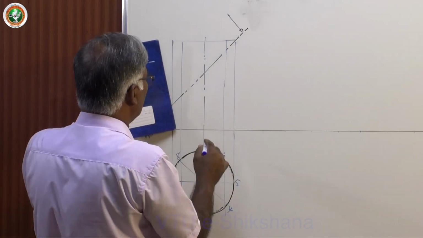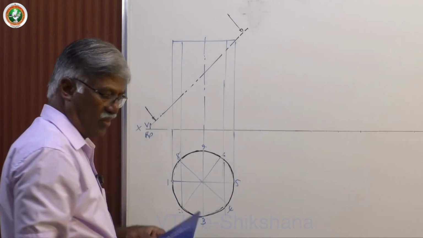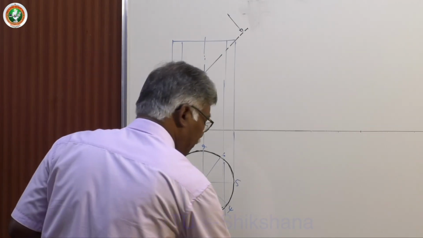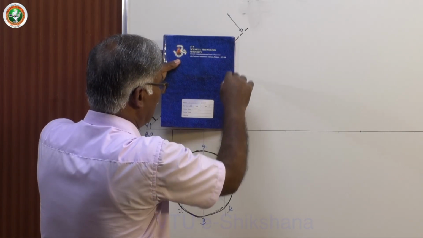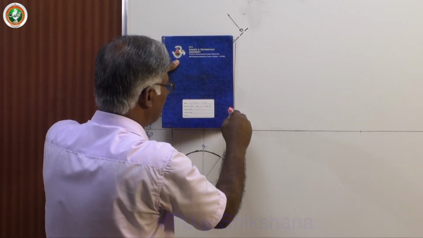Yes, this is the top face. Now dark the portion which is to be retained after taking section. This is the section plane, and dark the portion which is retained after taking section.